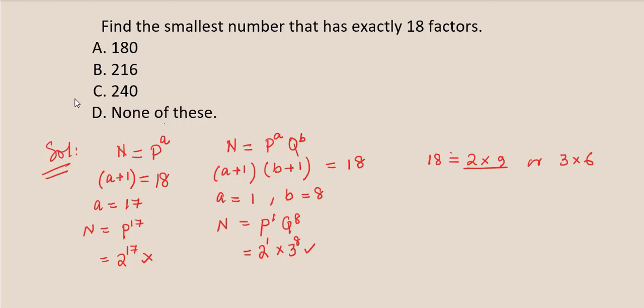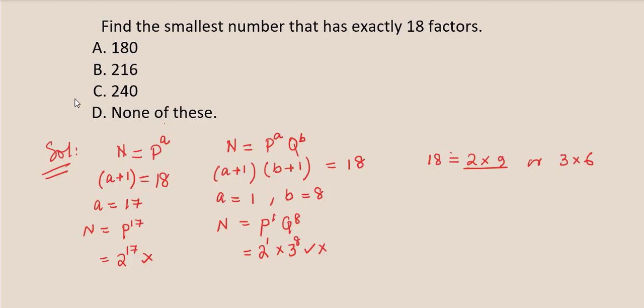Okay, so we cannot consider this wrong answer. I'm just explaining this much so that you understand how to approach the problem. But it could be done very quickly if we consider 3 prime numbers, and I'll come to it very soon.